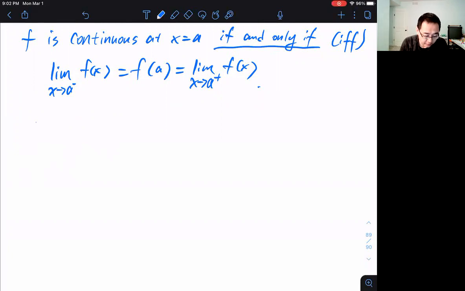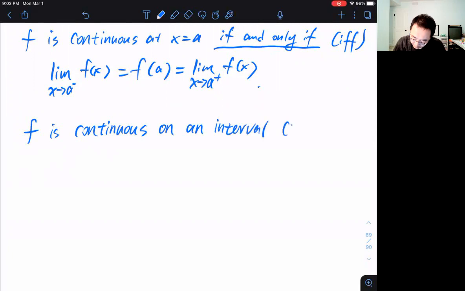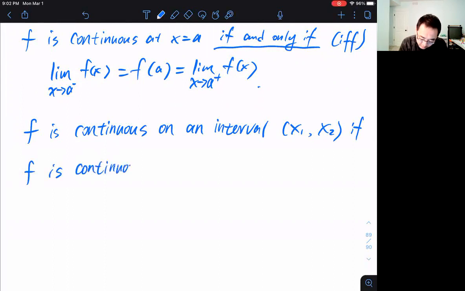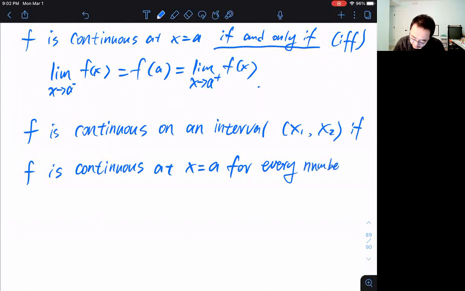So you say the function f is continuous on an interval from x1 to x2 if the function f is continuous at x equals a for every number a within the interval.